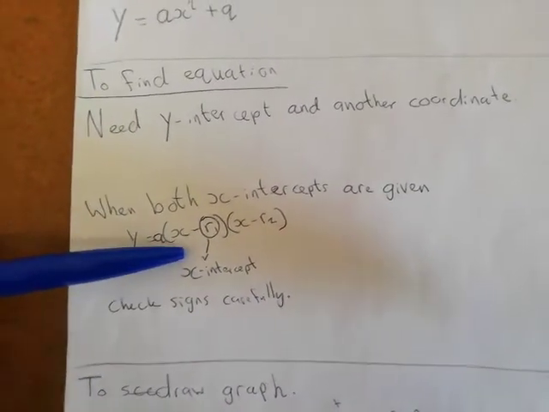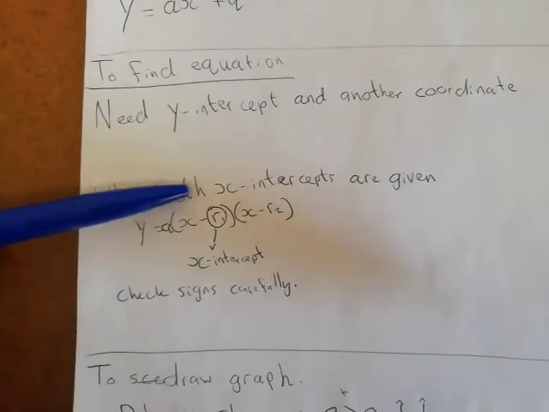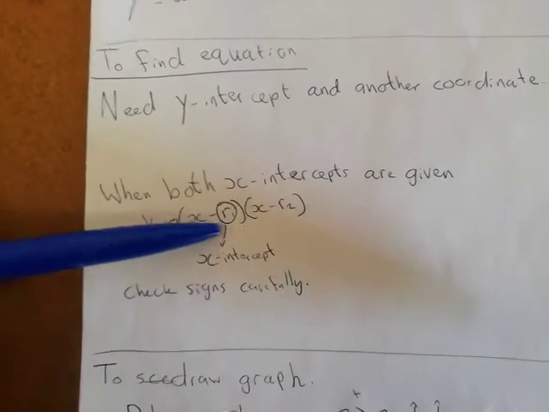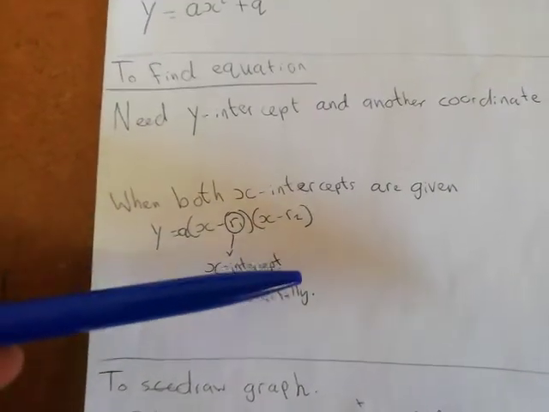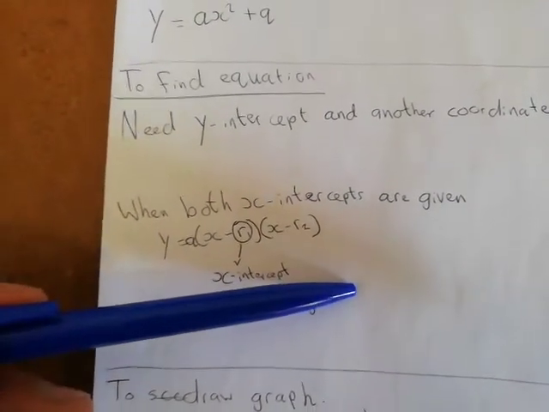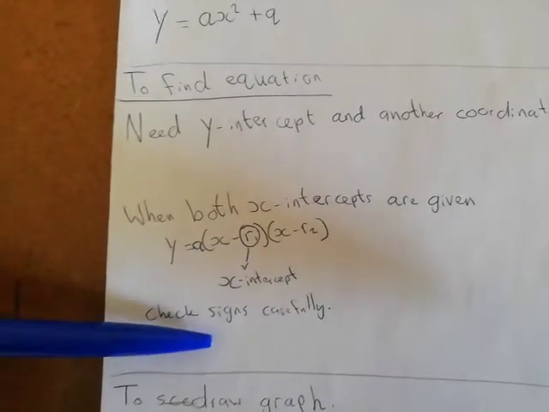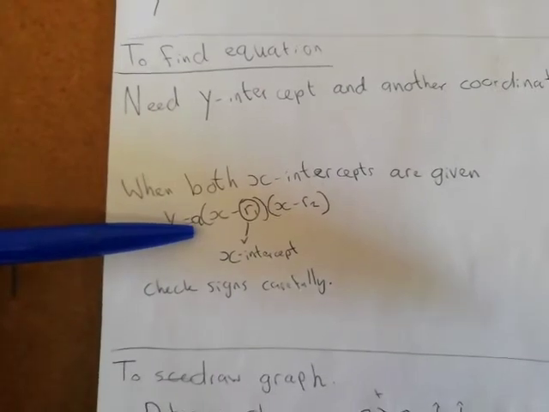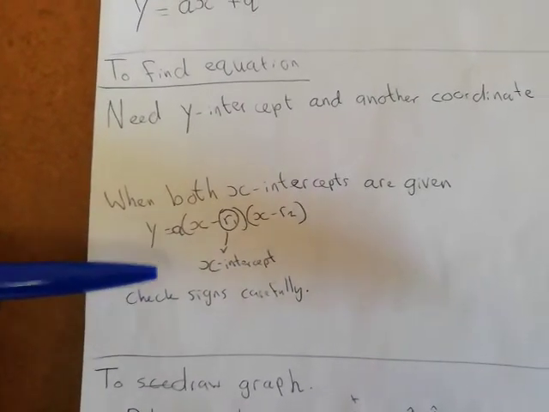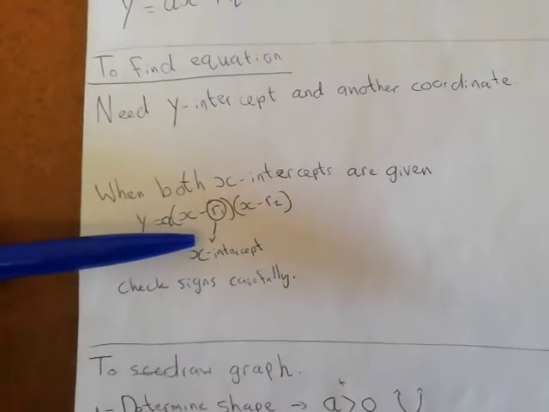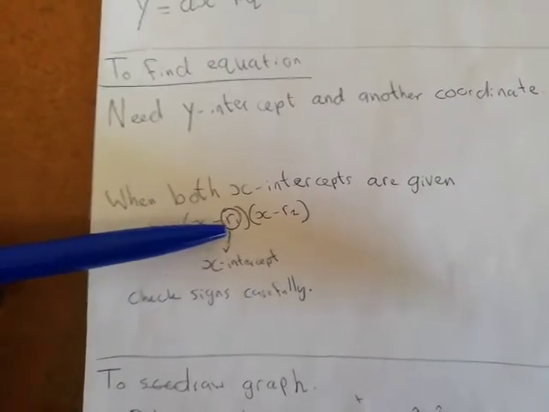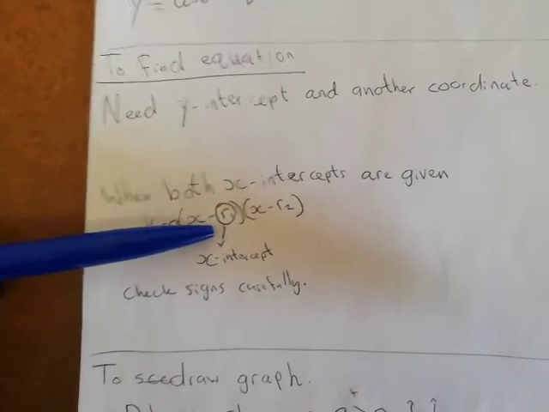When you have your roots, you can simplify out the brackets to have a and one big bracket. Then a third coordinate, or one of the two that you previously used, you substitute to find a. Make sure of your signs when you do the substitution, so that when you have a negative x for your root, your sign becomes positive.